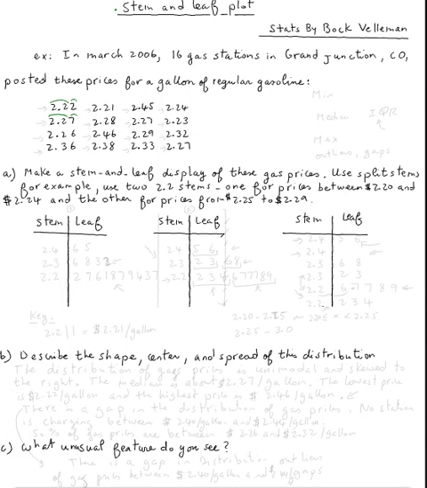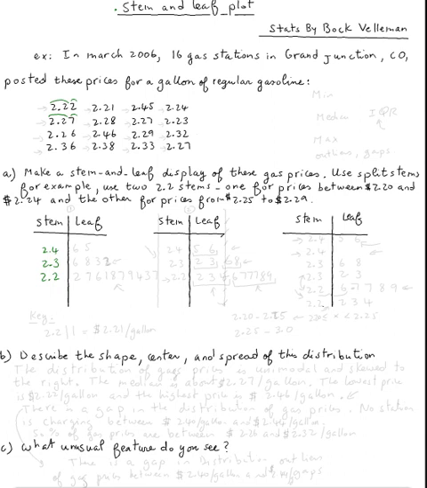If you look at all the numbers, there's only 2.2 something, 2.3 something, or 2.4 something. So I'm going to list 2.2, 2.3, and 2.4.